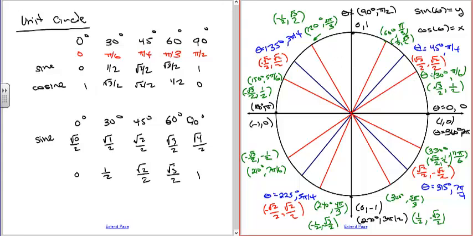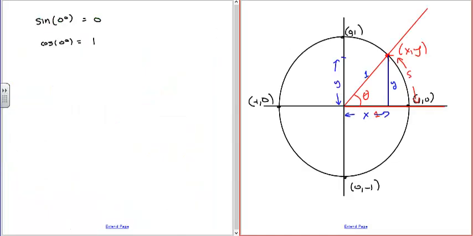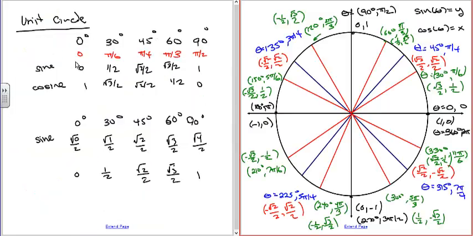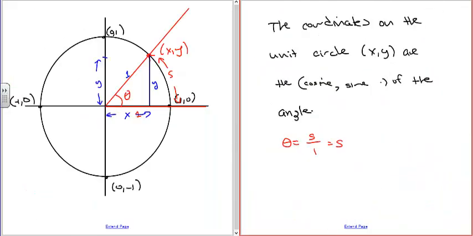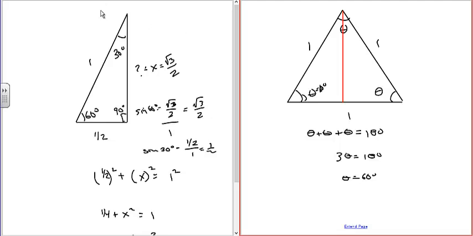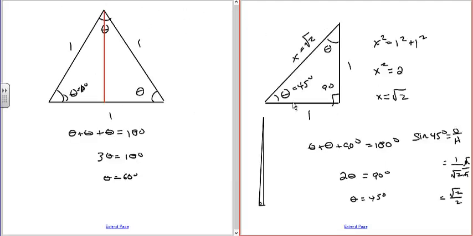Okay, so here's kind of in a nutshell. I'm not going to go into the details, but what we did was, I guess the first thing we did was we came up with the values of the sine and cosine for 0, 30, 45, 60, and 90. And we did that by drawing first a right triangle where two sides were the same.